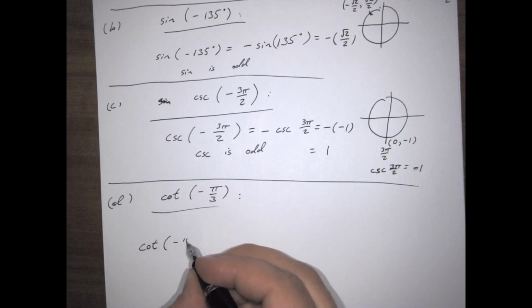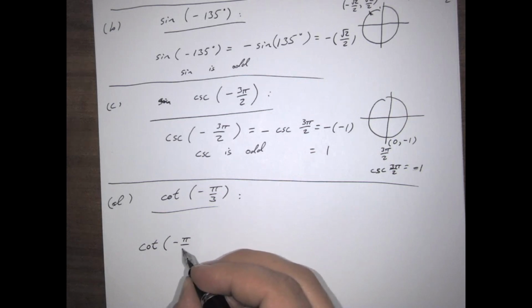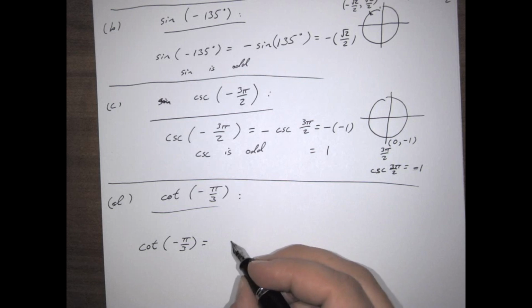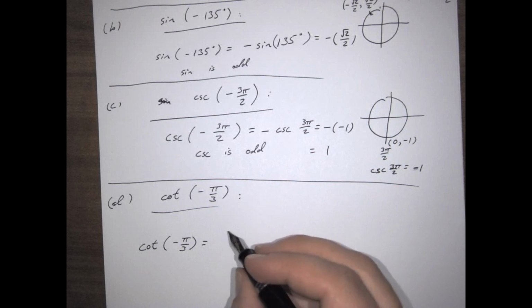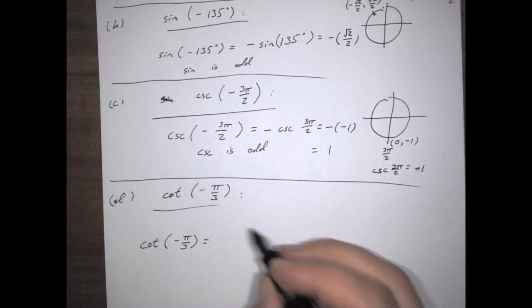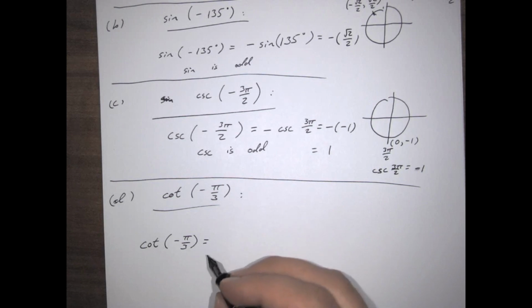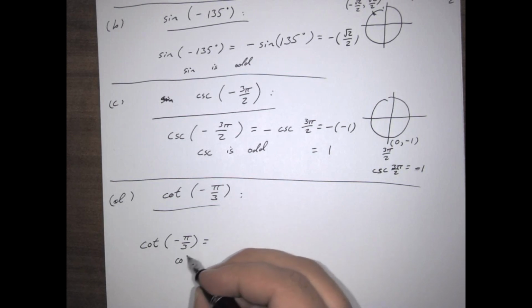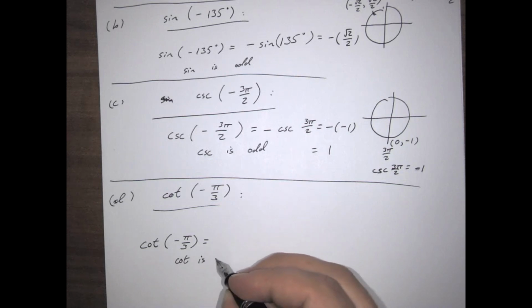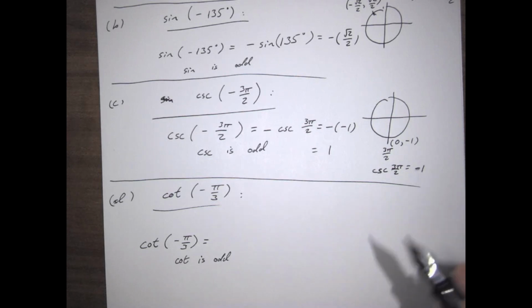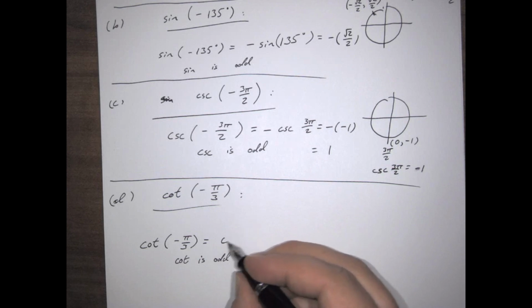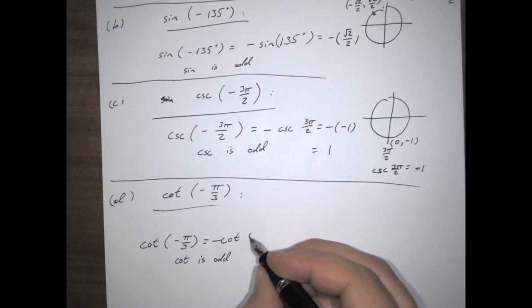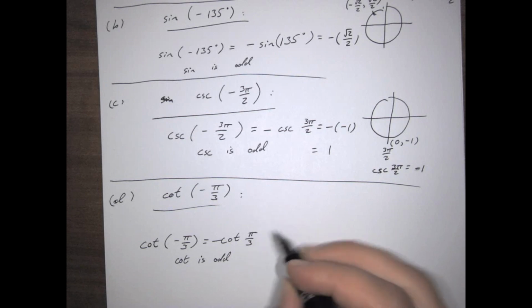Is it odd or is it even? If it's odd, then this will be negative cotangent of pi over 3. If it's even, it will be positive cotangent. So cotangent is odd, which means that this is the same as just negative cotangent of regular pi over 3.